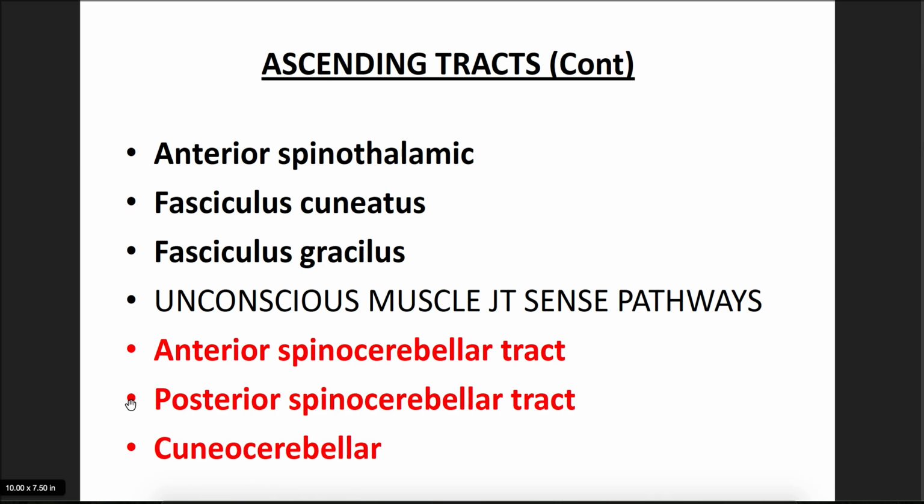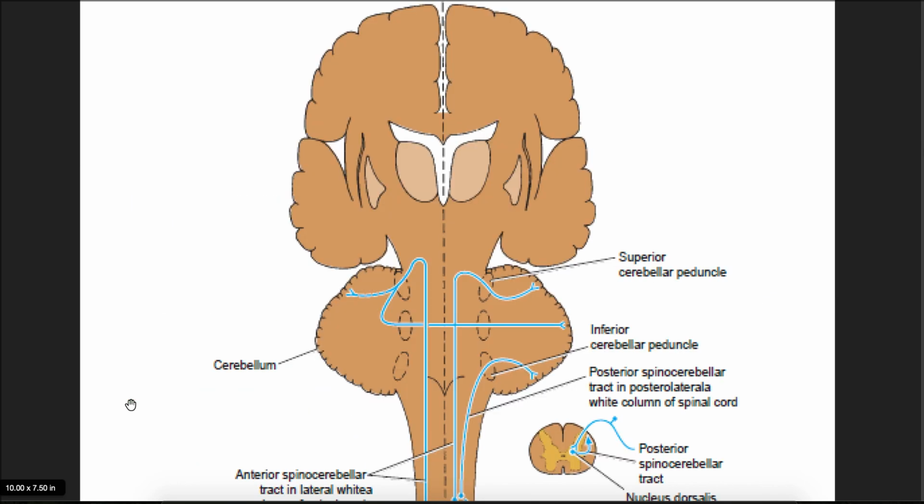And this was the diagram. Then you have anterior spinothalamic, fasciculus cuneatus, fasciculus gracilis. And the three concerned with unconscious muscle joint sense are anterior spinocerebellar, posterior spinocerebellar, and cuneocerebellar.